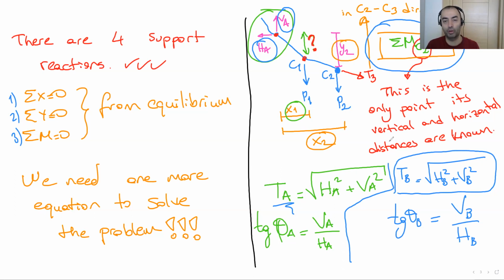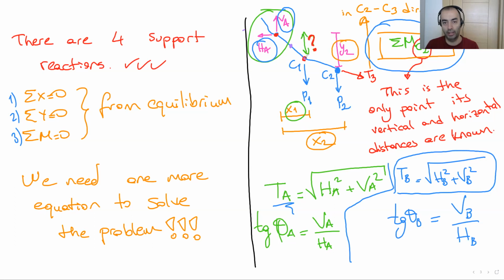And then if you combine them, you're gonna get TA. So TA, the support reaction, equals the tension load of the last cable portion here. If you write the equation, you can get it. Calculate the TA. After that, we know the TA.